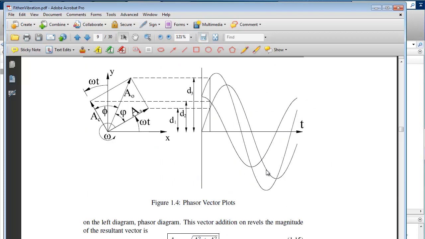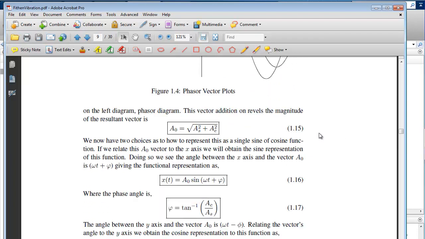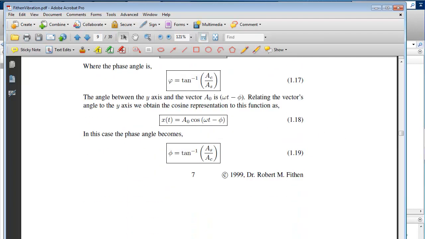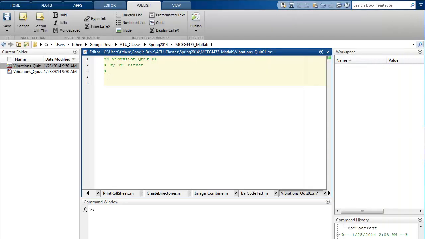First, I'll need to decide how far I'm going to go, from time equals 0 to how far. And let's go ahead and do this. Time. And what I'll do is t is equal to 0.